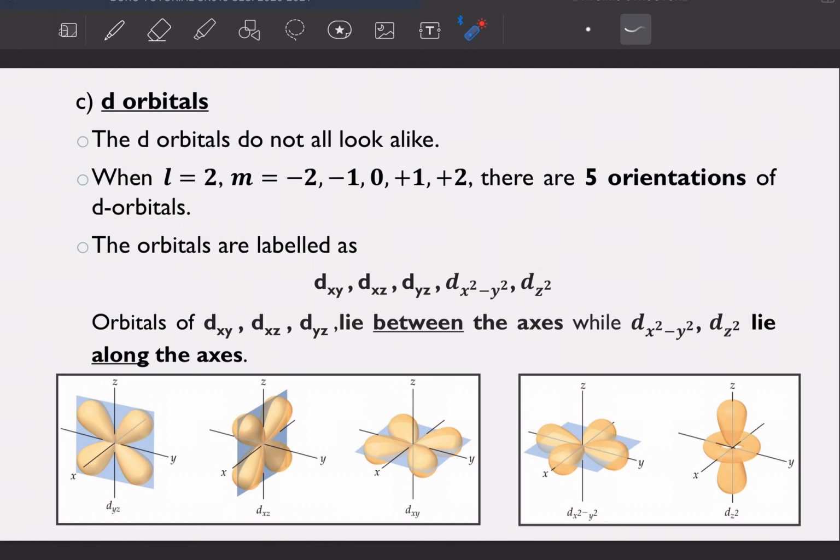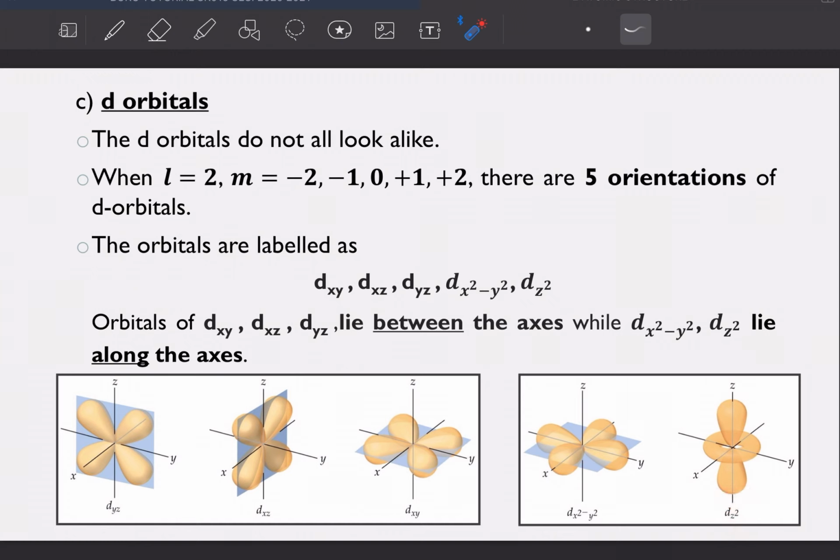So dx square minus y square is easy. Okay, you draw x, y, z, and then your lobes will sit on the x axis and y axis, like that. So it does not touch the z axis. So it sits on the x and y axis.